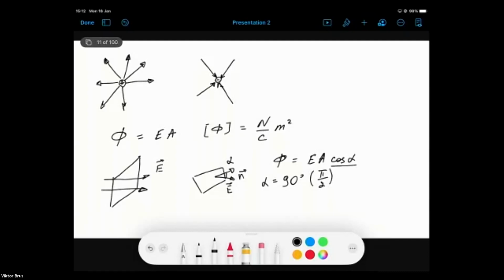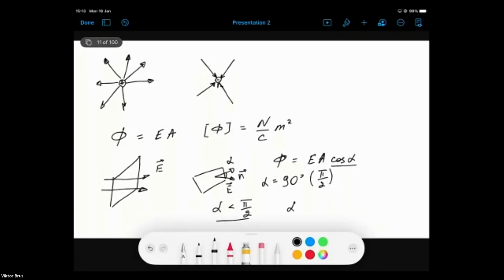We also need to take into account that flux can be positive or negative. So in this particular case, when alpha is smaller than pi divided by 2, the flux is positive, because cosine alpha will be positive.